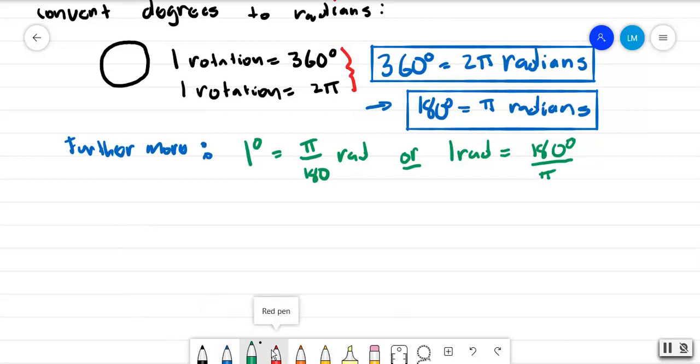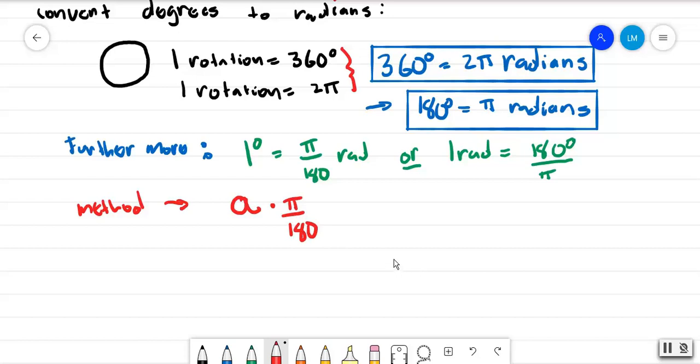So the key is practicing this method. You're going to take your degree measure, which we can call A, and multiply it by pi over 180.